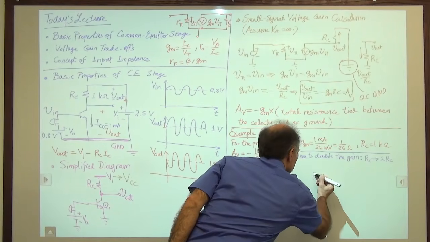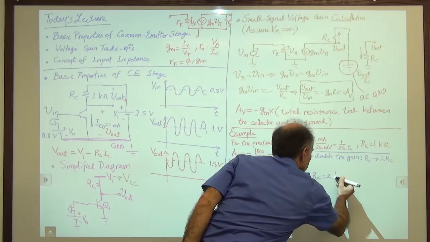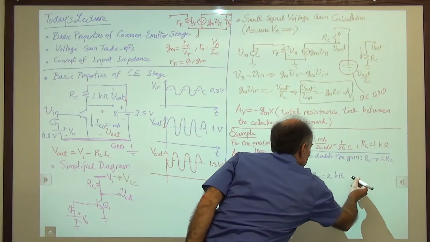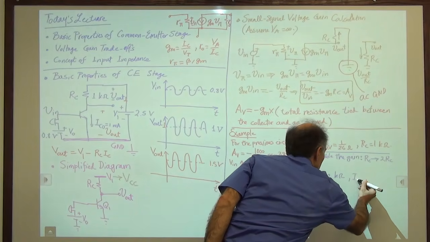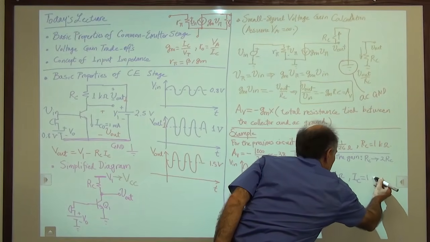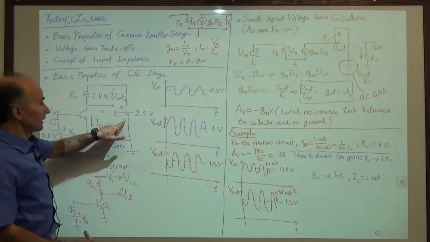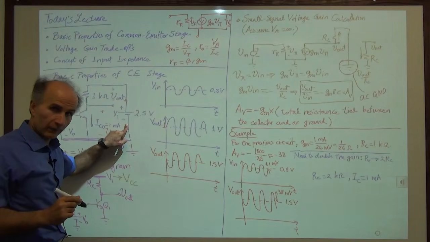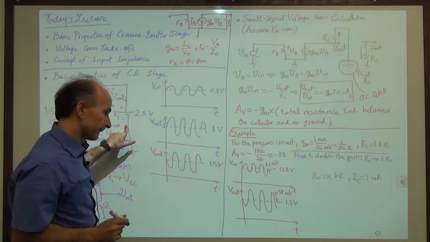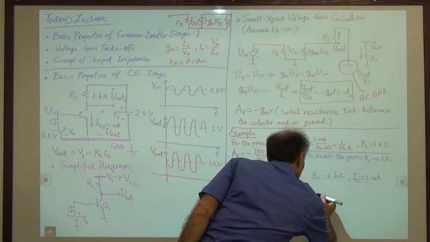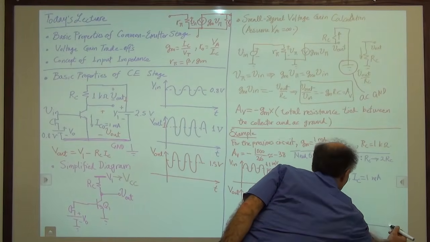So now we say RC is equal to 2 kilo ohms. Remember that we haven't changed anything else, so presumably IC is still 1 milliamp. And this voltage, VCC, is 2.5 volts. Okay, so let's try to plot V out. The input hasn't changed.